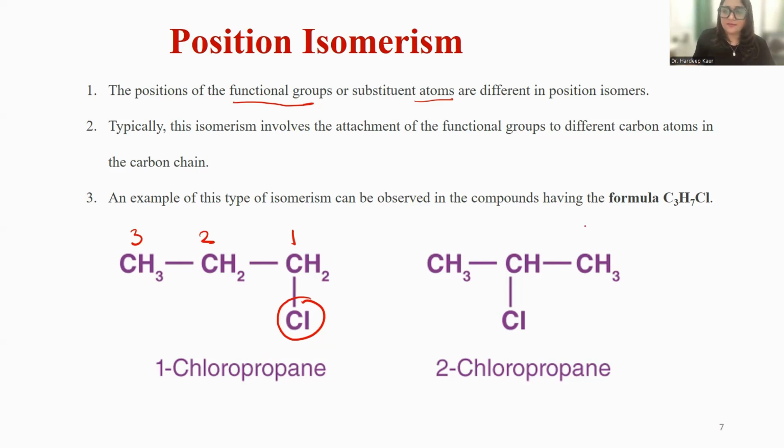In the other, it is attached to the second carbon, and this is called 2-chloropropane. This means the chlorine atom has a different position. Because of that, the chemical formula is the same, C3H7Cl, but the isomerism is different, due to the attachment of the functional group.